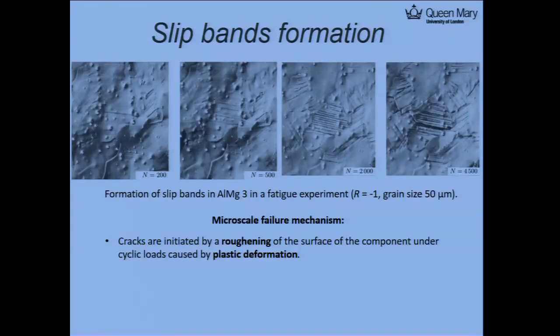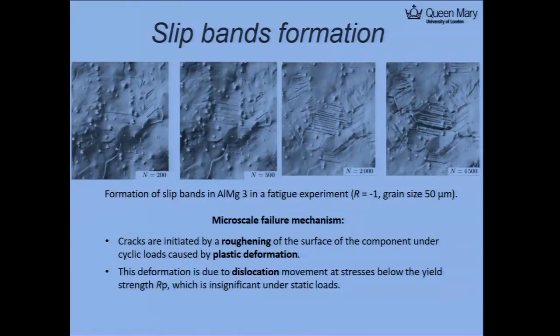The micro scale failure mechanism is that cracks are initiated by the roughening of the surface because there's some imperfection at the beginning. And eventually the cyclic load will cause some plastic deformation, which is represented by the slip deformation. And the deformation is due to dislocation. If you need to explain the micro scale mechanism, you need to remember there is a word called dislocation or slip.